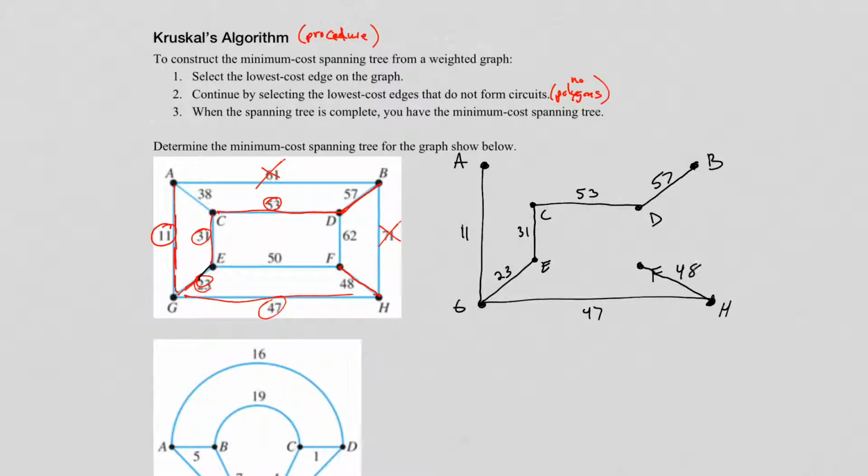That's 48. So if you look at all of our edges that we just wrote down here on the right side, these are the smallest numbers to get to each vertex. So this is a connected graph. There's no polygons, and we use pretty much the smallest numbers.